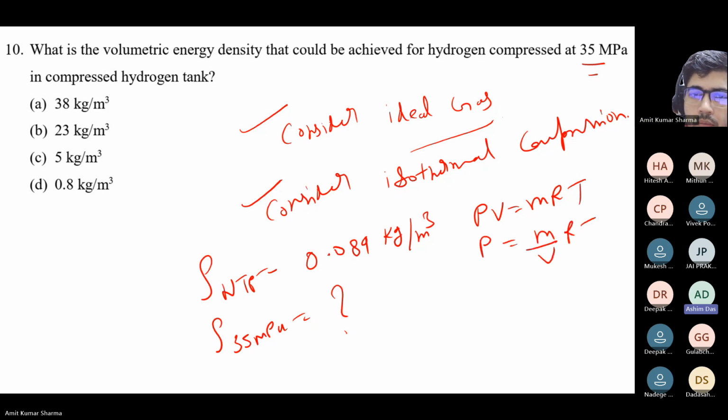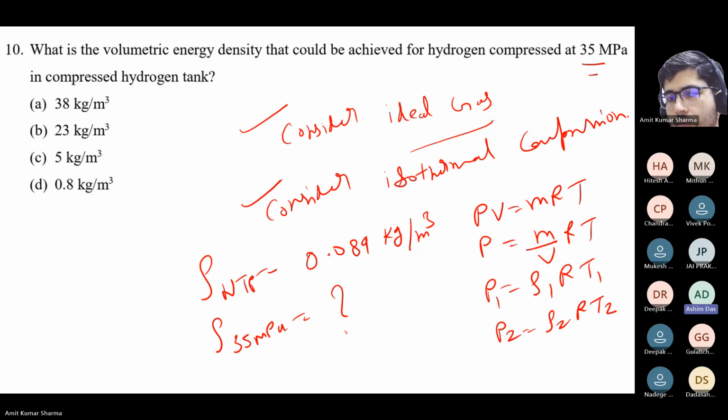If we consider P1 equal to m1 by V1, so at P1 the density is 0.089, and what will be at 350 bar. So 35 megapascal equals 350 bar, approximately 350 times atmospheric pressure. So 0.089 into 350 is coming to 31.